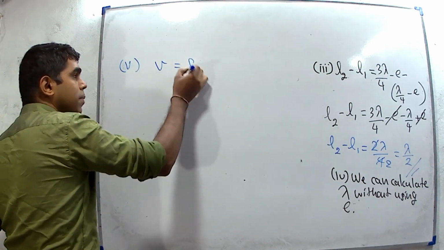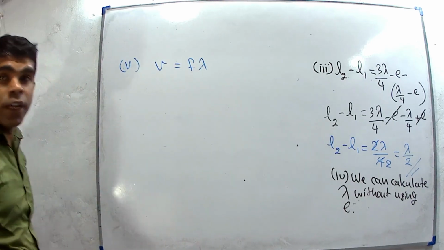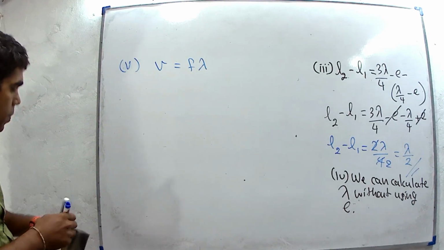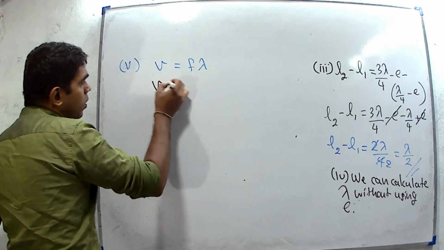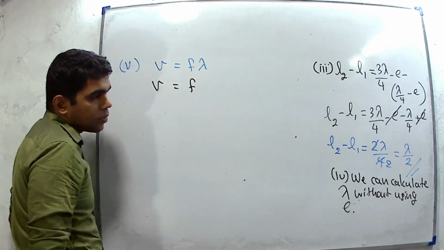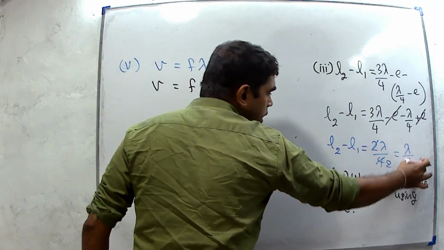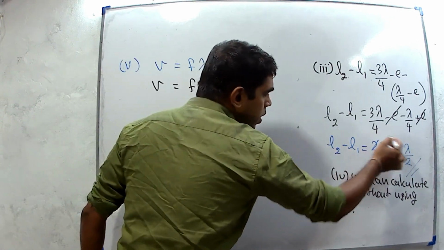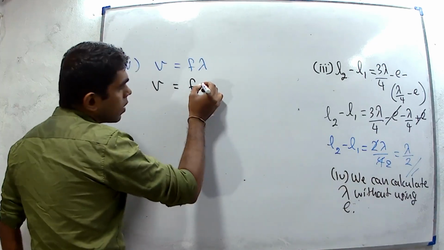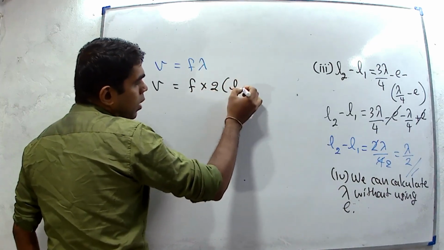V equals f lambda. It is the common equation for all waves in the world. Now we can substitute lambda. We know that lambda over 2 is L2 minus L1. We can make lambda the subject by using this equation. It is 2 times L2 minus L1.